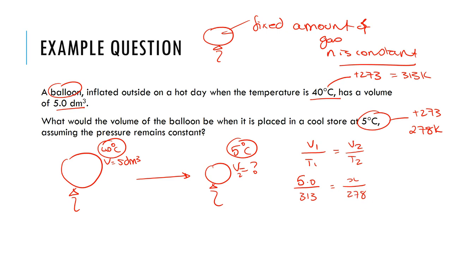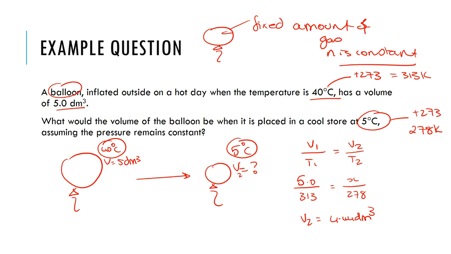So we're going to take 5 divided by 313, and we're going to multiply by 278. So we're going to get V2 equal to 4.44 decimeters cubed.